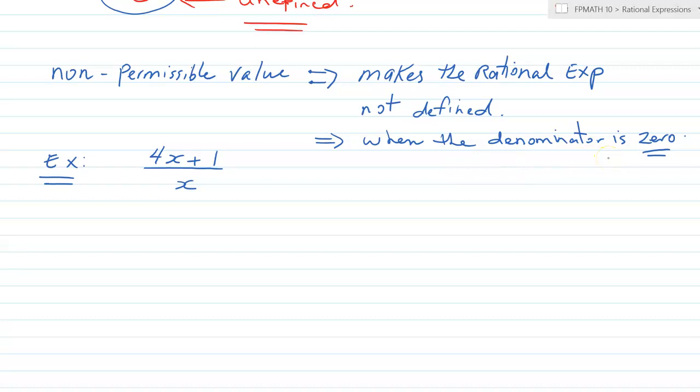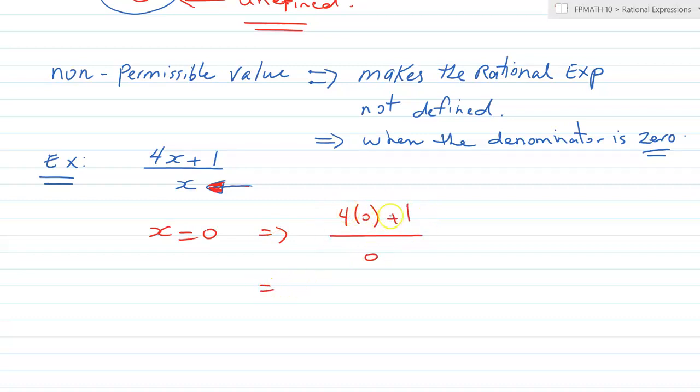Let's look at an example. We want to find the non-permissible value for this rational expression. The only thing we have to look at first is the denominator, x. For what value of x is the denominator equal to 0? Well, when x equals 0. That's the non-permissible value, because you'll get 4 times 0 plus 1 over 0.